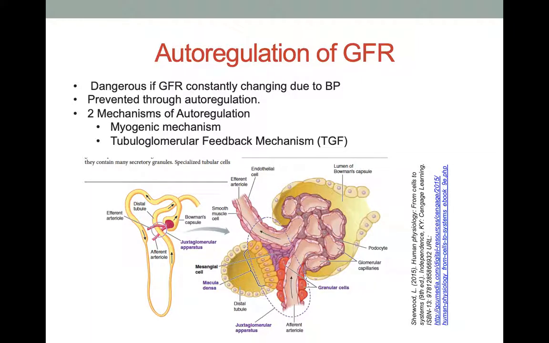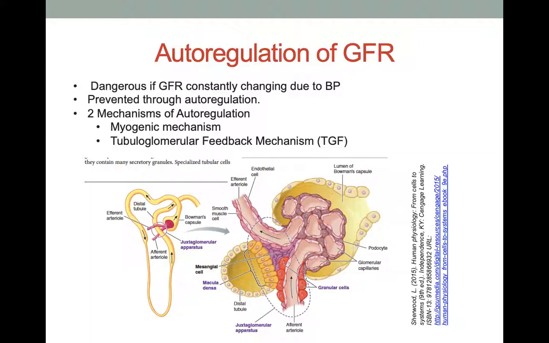As the arterioles are stretched, they constrict on their own, even with increased arterial driving pressure. By doing this, we help limit the blood flow into the glomerulus to normal.